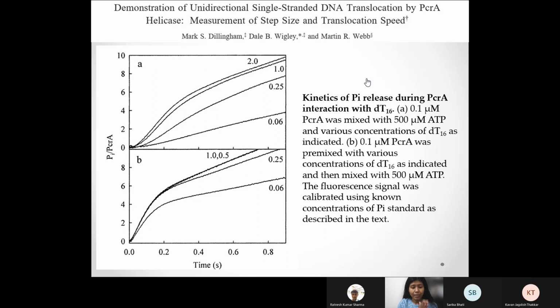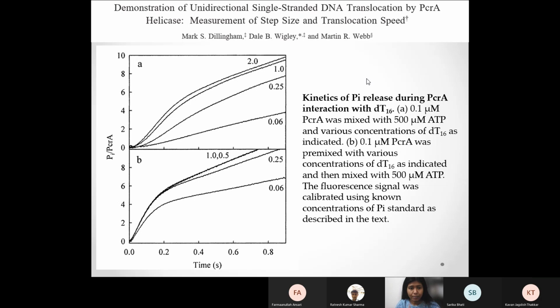So how can you directly look at the number of molecules of ATP utilized? You can do that by quantitating the number of molecules of inorganic phosphate that are produced. If you can measure that, you can look at the rate of progress of PcrA-dependent translocation on single-stranded DNA.